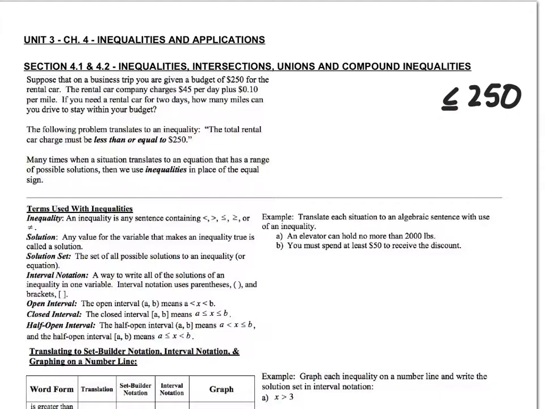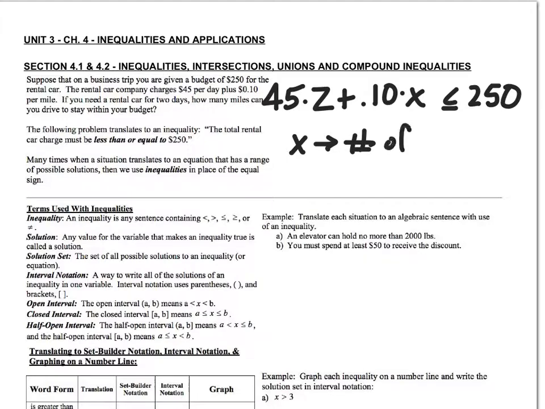We have $45 per day for 2 days, so I'm going to do 45 times 2, and then plus 10 cents, so 0.10 times x, and x is going to represent the number of miles. So that's what we've got.